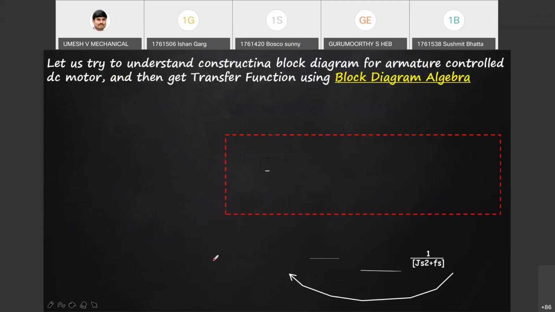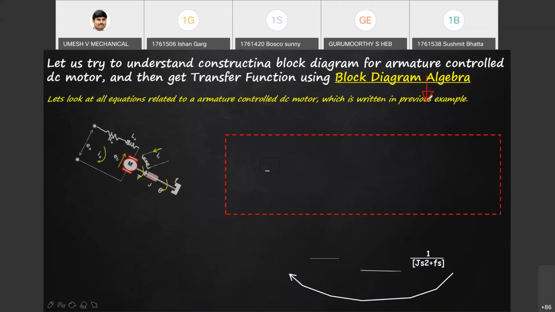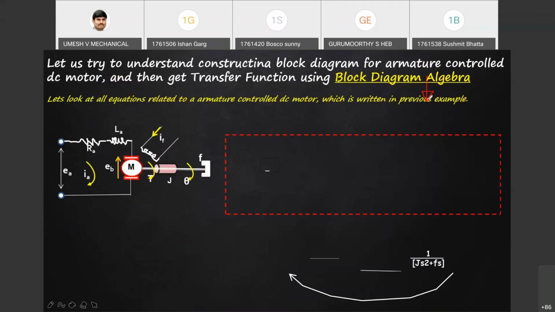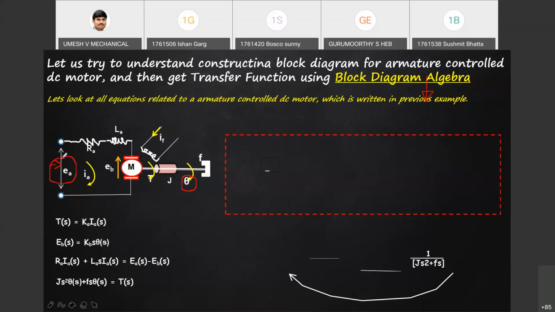Block diagram algebra requires first the formation of a block diagram using these differential equations. Take the system I have shown and these are the equations I have written for it. Starting from input to output, you make block diagram relations. Finally, you must have theta of S, and in the beginning you should have EA of S as the input.